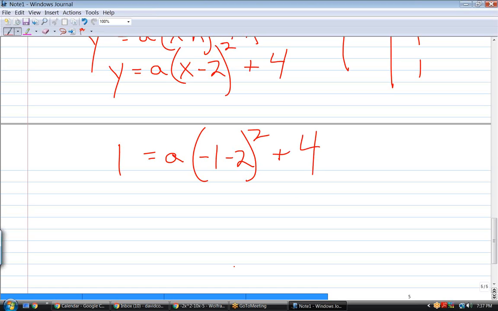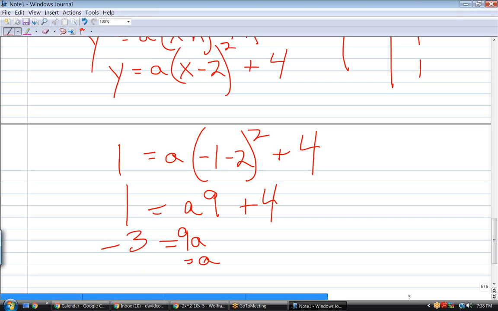With me? Yeah. So if I do the algebra here, what's minus 1 minus 2? 2. No. Minus 1 minus 2 is minus 3. Square it. 9. Solve for a. You get 9a equals minus 3.